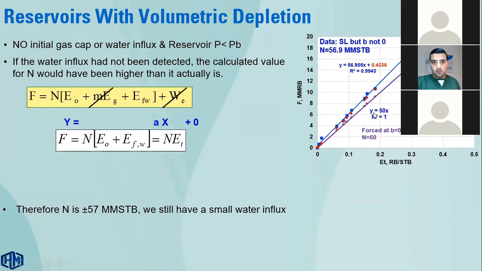According to this equation, N will be 50 million stock tank barrels. But in reality we have a small water aquifer, so this value of N will be higher than expected from this straight line. So N in this case will be more or less 57 million stock tank barrels, because we have a small water aquifer.